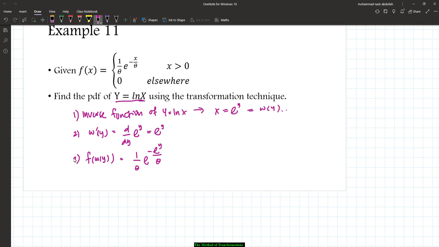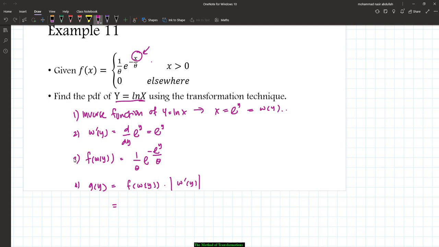We just substitute the value of x with x equal to exponential y. So step number 4, we want to find the function of g(y). So f(w(y)) multiplied with the absolute of the first derivative of w(y).